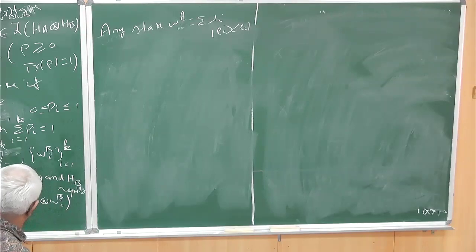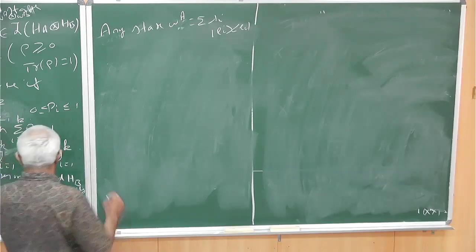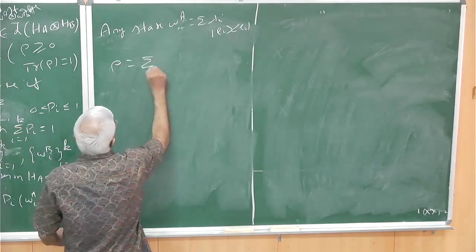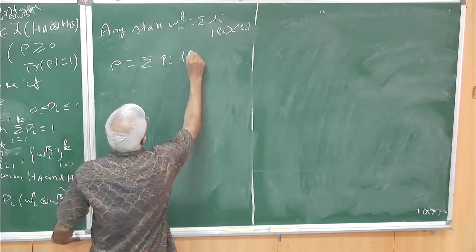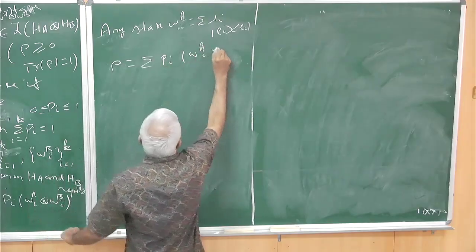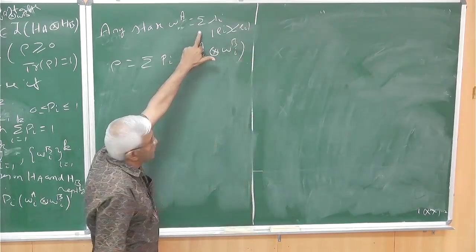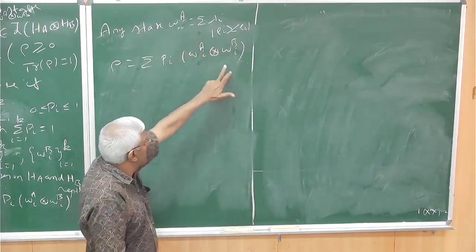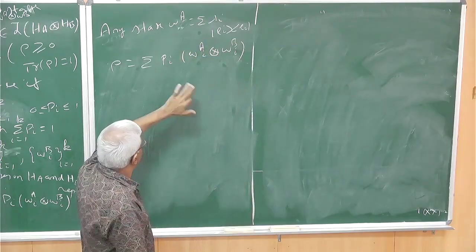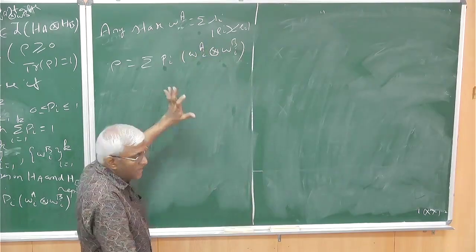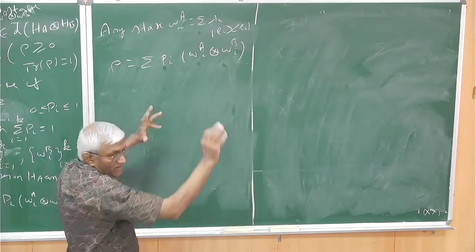And so this rho is equal to summation p_i omega_i^A tensor omega_m^B. So omega_i^A will look like that for some lambda, omega_i^B will look like this, and you have a p_i. So you can write the product and everything.